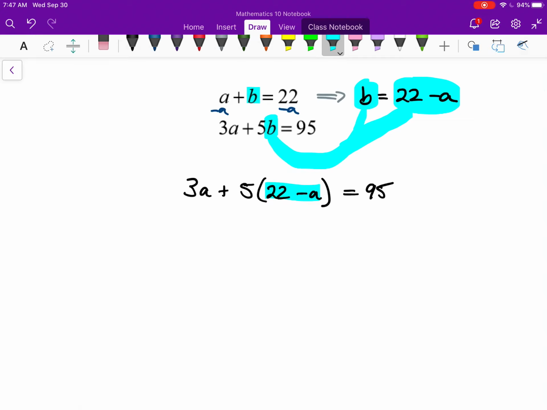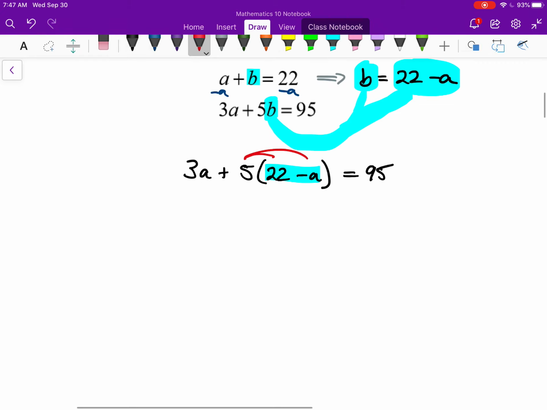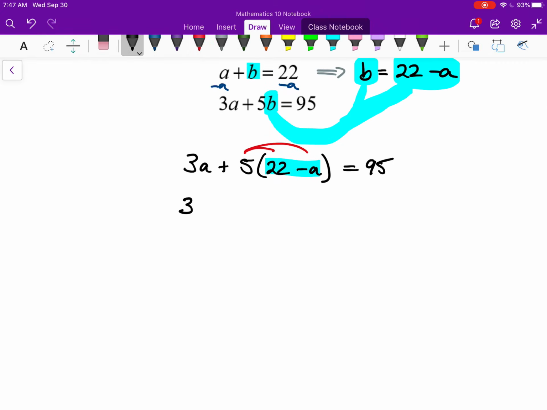And so now, algebraically, I want to solve for a. The first thing I want to do is distribute the 5. So you get 3a plus 5 times 22 is 110, minus 5a equals 95. Next, I want to combine like terms. I'll combine my two a's together. So 3a minus 5a is negative 2a. And I'll just leave the 110 here for now.